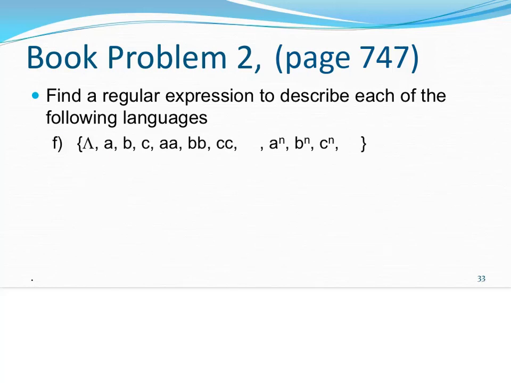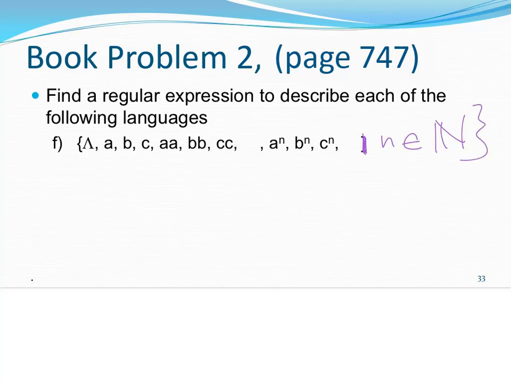So here's an interesting language. Let's see what we've got here. We've got lambda, and then it looks like all strings of length 1 made up just of A, B, or C, all strings of length 2 made up of just A's, B's, and C's, all strings of length n made up of just A's, B's, and C's, and I suppose really, again, I should say such that n is an element of the natural numbers.